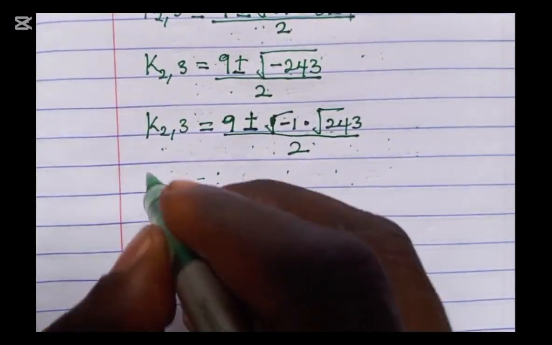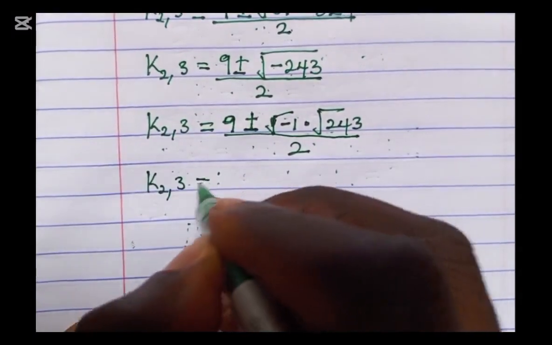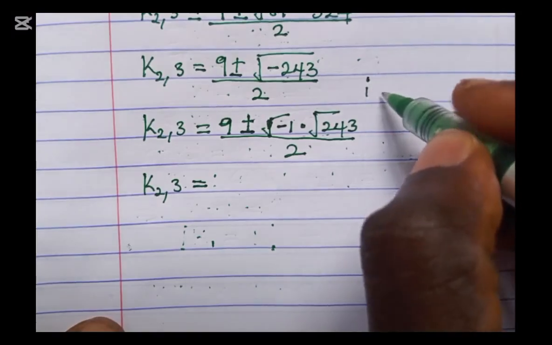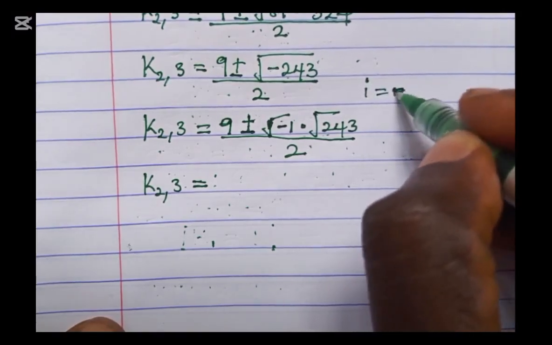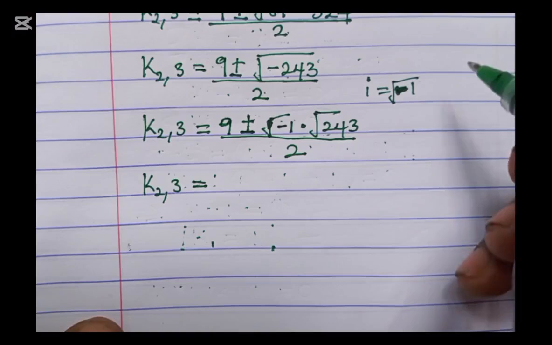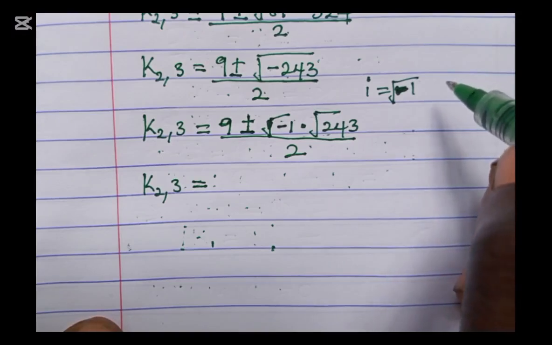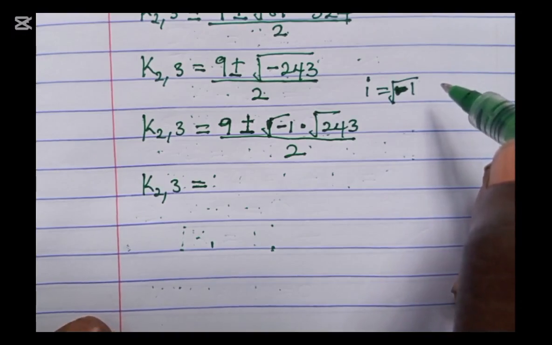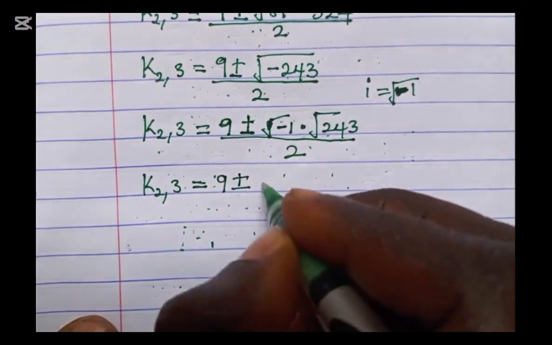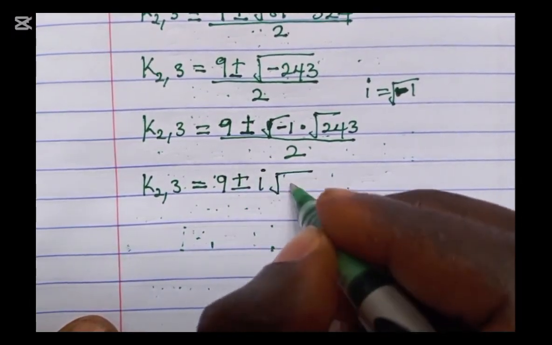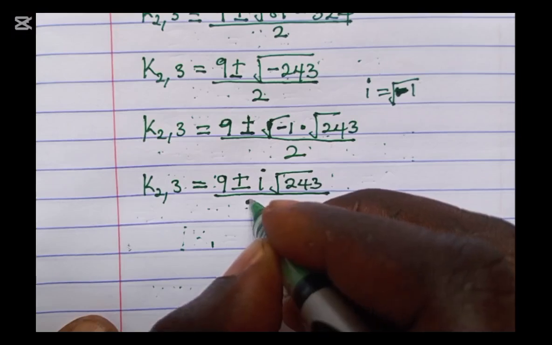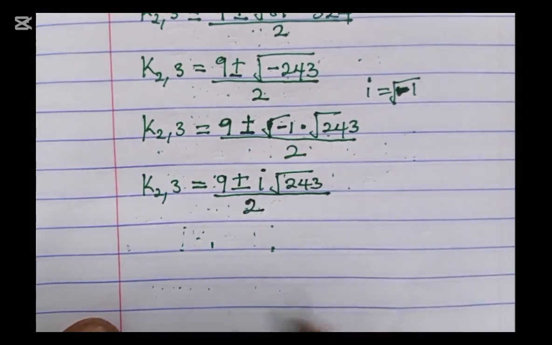But recall, the square root of minus 1 is i, because i squared is minus 1. So we have 9 plus or minus i square root of 243, divided by 2.